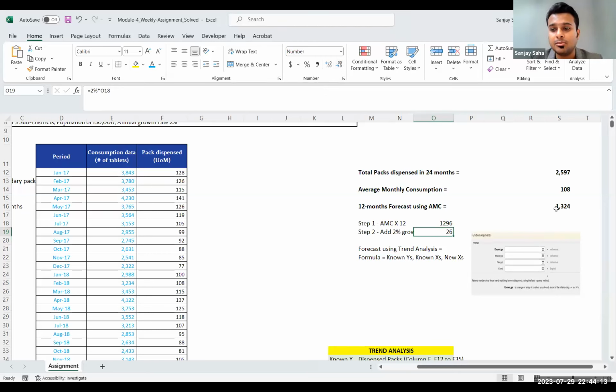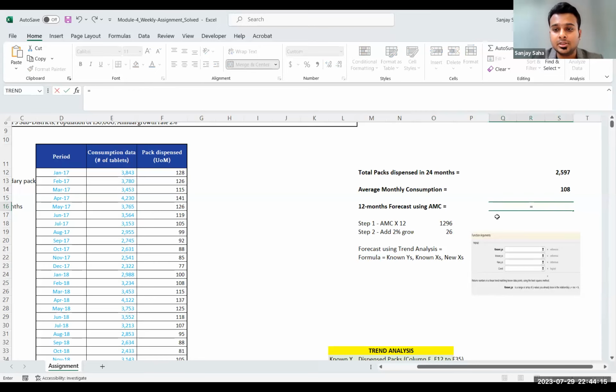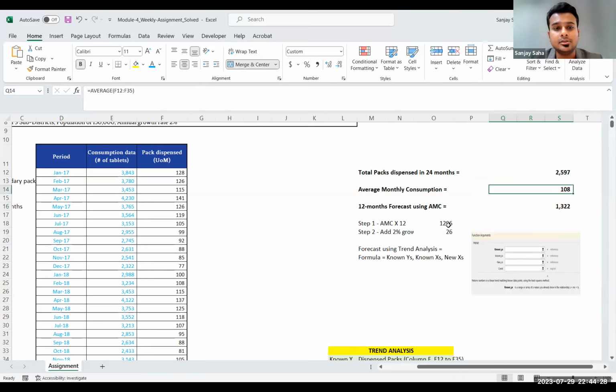Now, if we take the sum of 1296 plus 26, for some reason it's showing something wrong. Ideally, it should be 1324. Just like it's been done here.